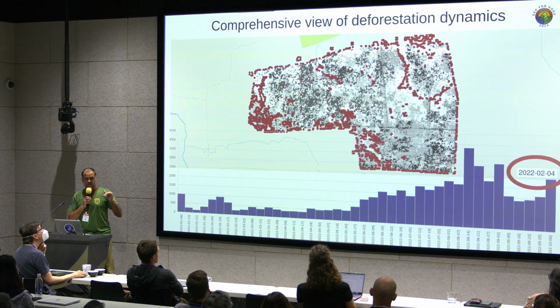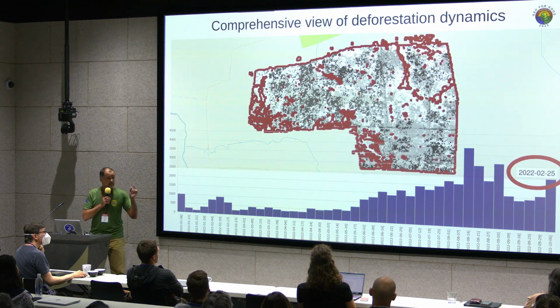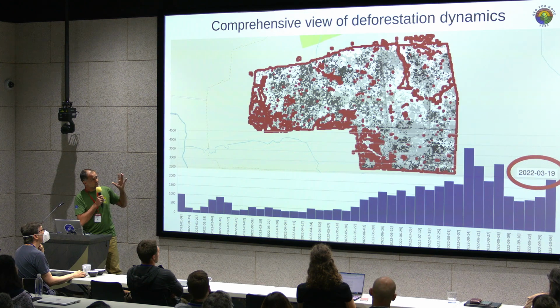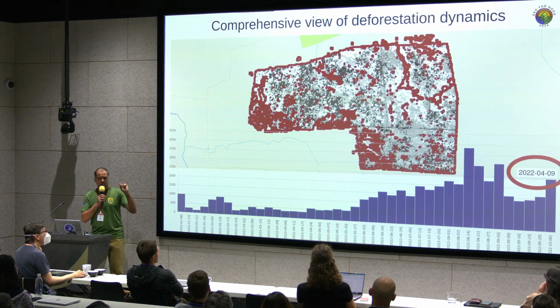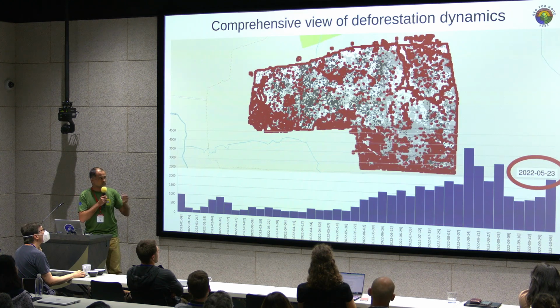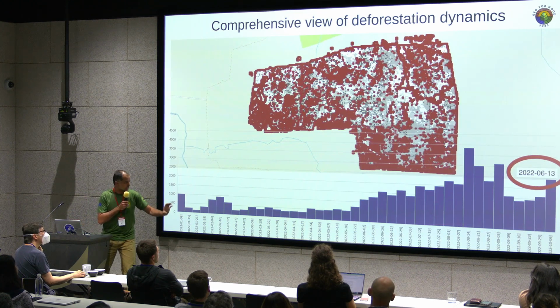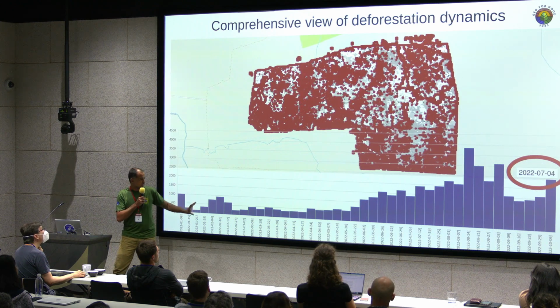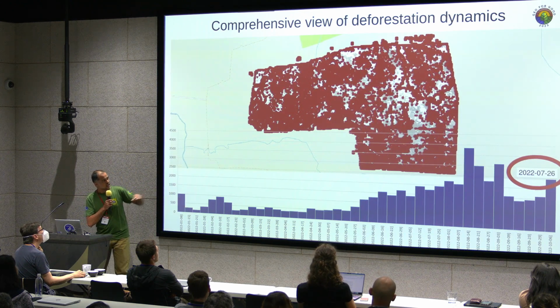Unlike other systems which produce vector data, this one is a raster, where the value of each pixel represents the date when the clearance occurred. And here you can see how many pixels were cleared over time, per week.